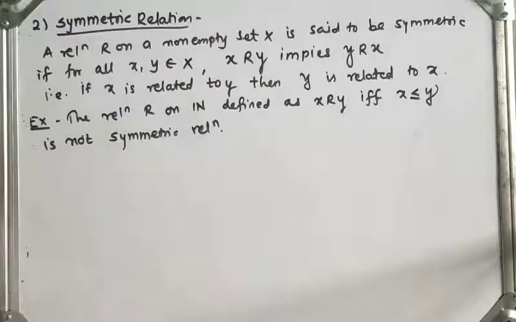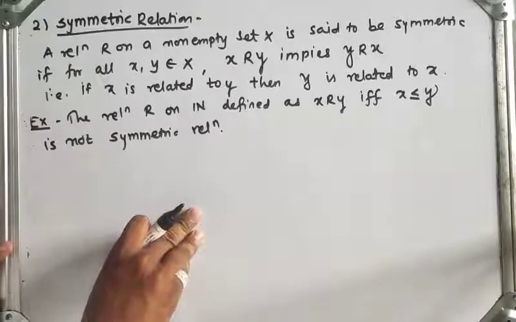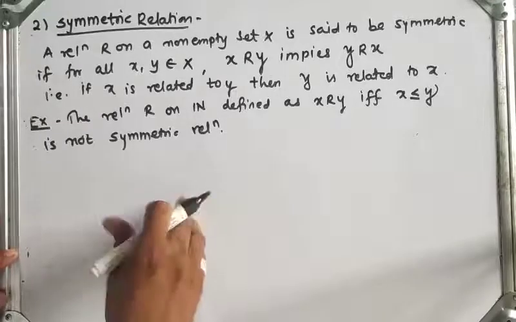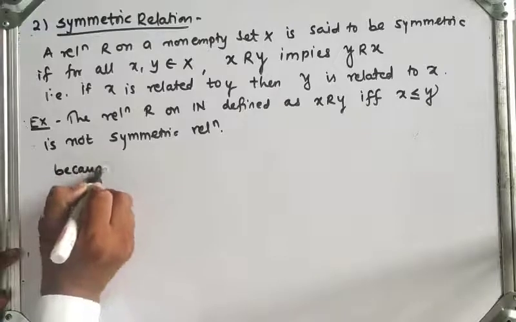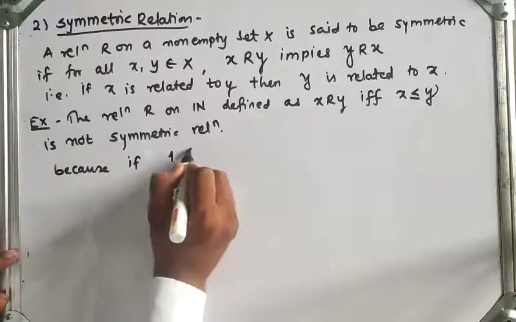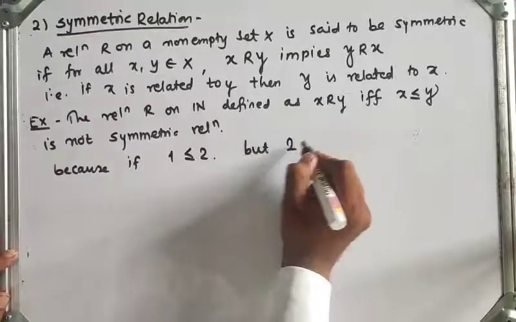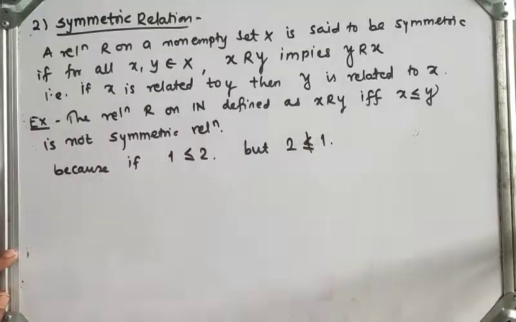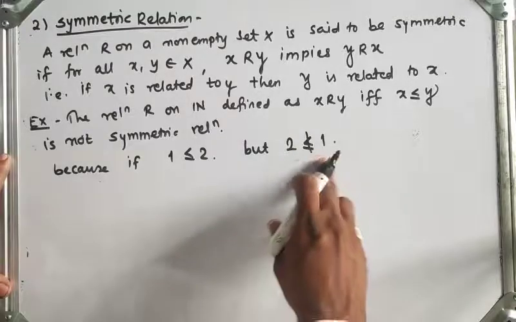Because if I take 1 less than or equal to 2, 1 is always less than or equal to 2, but 2 is not less than or equal to 1, right?